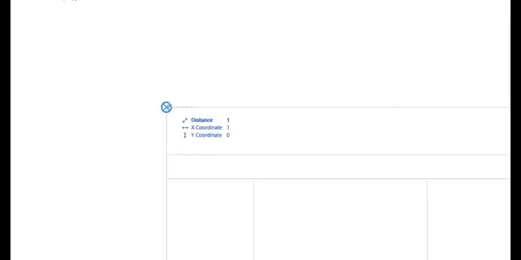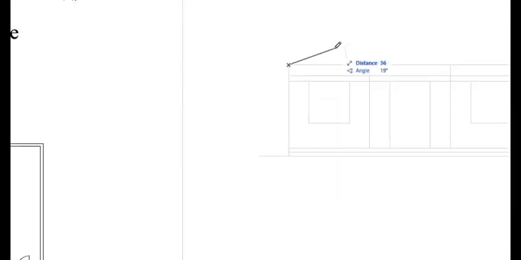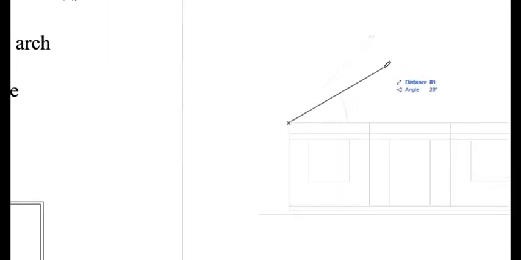So the next thing to do is, using my T-square and 30-degree set square, I'm going to draw a line from this point here at 30 degrees. Just draw a very long line. Then from this other point, draw another one.